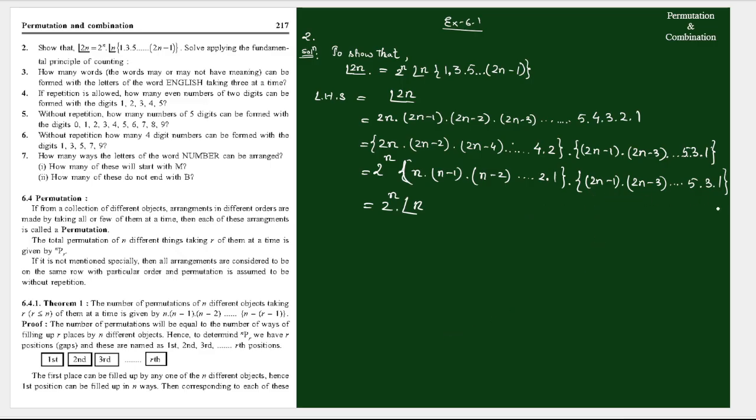Then this remains the same, so reverse it. First you write the 1, 2, 3, then we get our answer: 1 3 5 dot dot dot 2n minus 3, 2n minus 1. So this is equal to our right hand side.